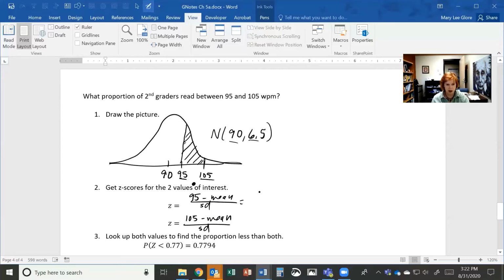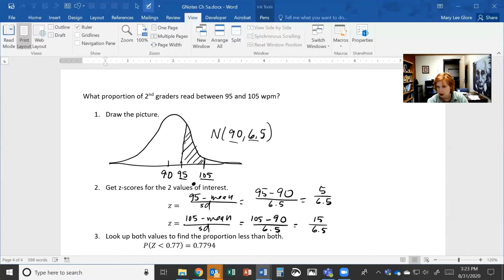So we have 95 minus the mean of 90 divided by 6.5. So this is 5 over 6.5. And this one is going to be 105 minus 90 over 6.5, and that one's going to be 15 over 6.5.